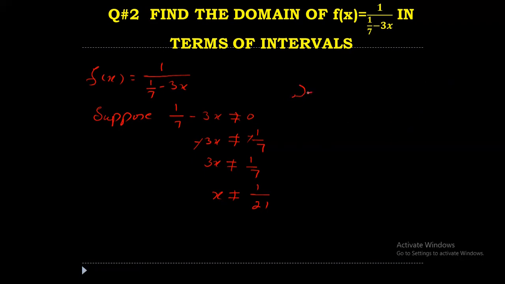Domain equal set of real numbers minus 1 over 21.